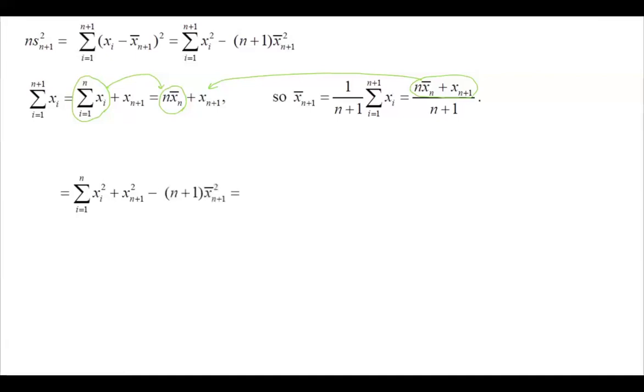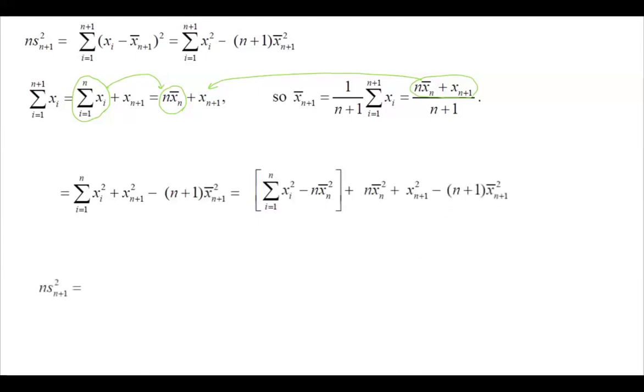So first of all, the summation of xi squared plus xn plus 1 squared minus n plus 1 times xn plus 1 bar to the second is equal to the summation of xi squared. Remember that we just added and subtracted this quantity.